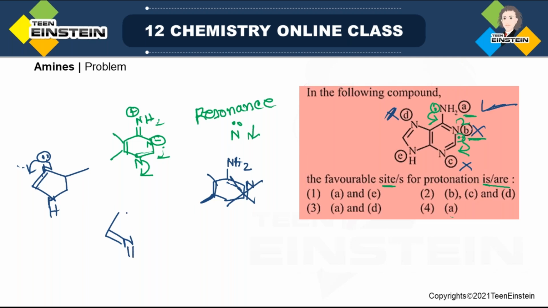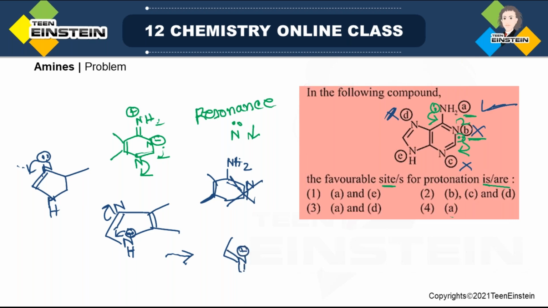How it is possible? See, just focus on the left hand side part. But there is no double bond. Double bond is here. Now if we want to do resonance, now it is possible. So what structure you will get? You will get double bond here.